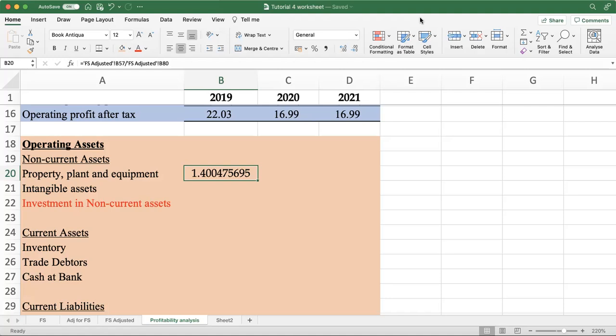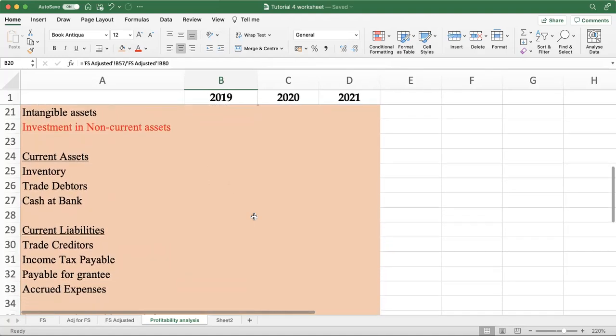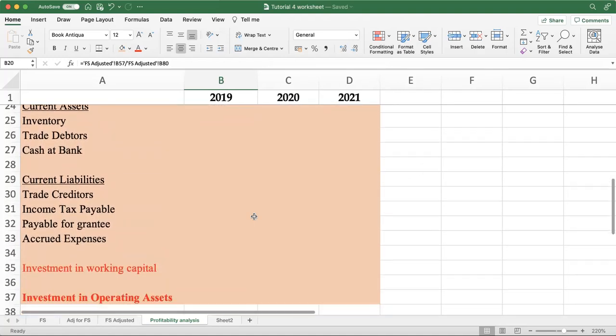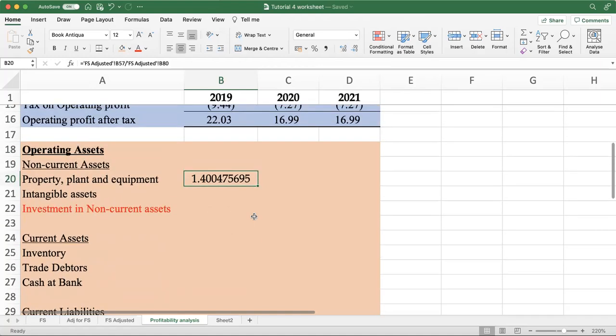Right. Now you see sales divided by property, plant and equipment value. In this formula, you can fix the sales value row-wise.